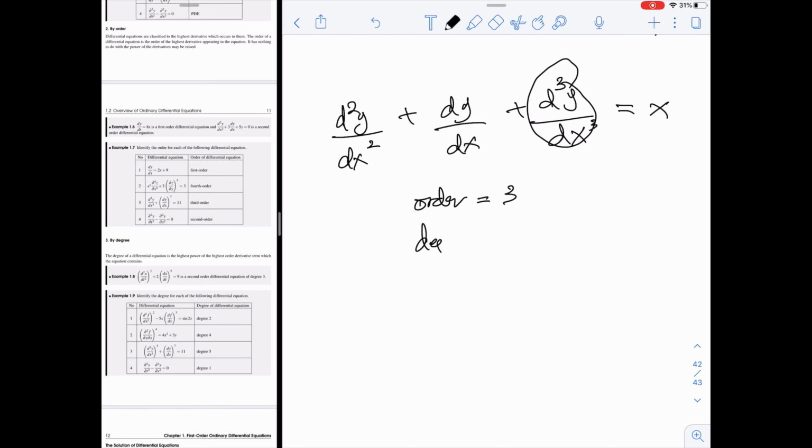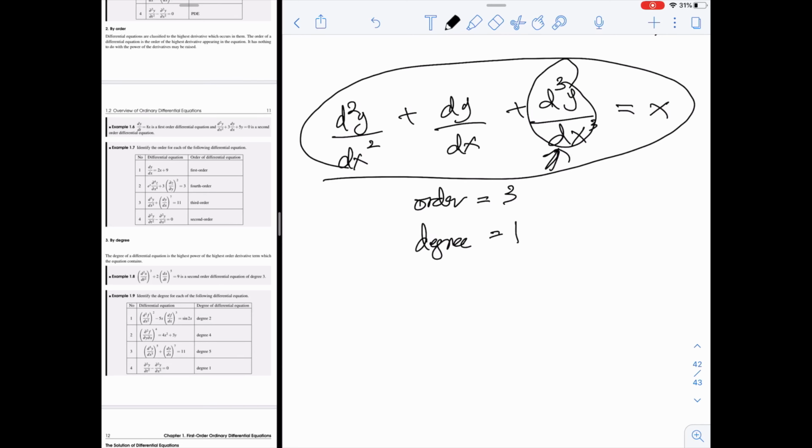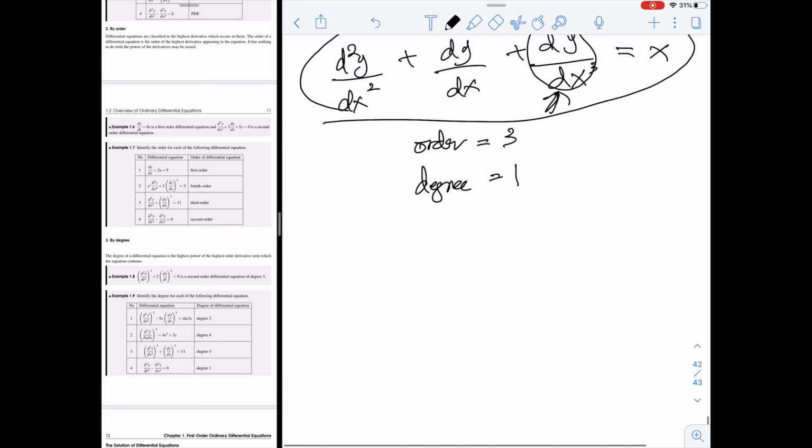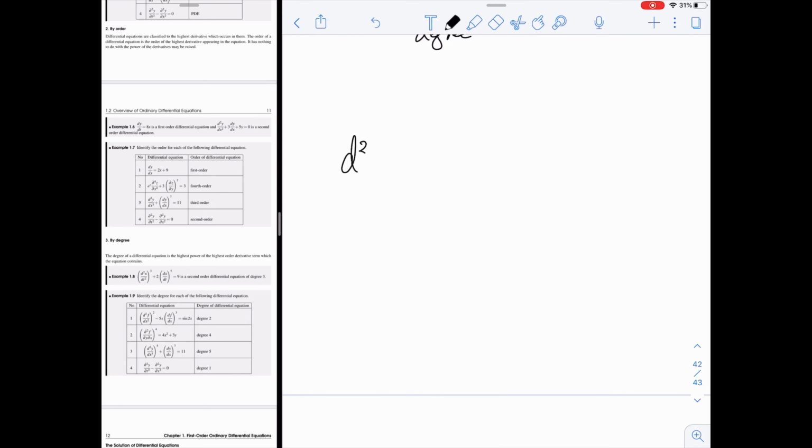And what is the degree? Look at the term you chose for the order, and look at its power, which is 1. So this expression is third order and first degree. If you have d squared y over dx squared plus dy over dx to the power of 3, equal to x.